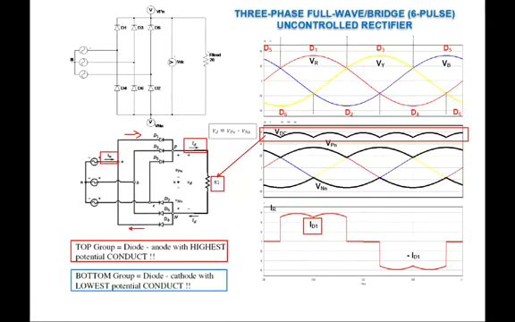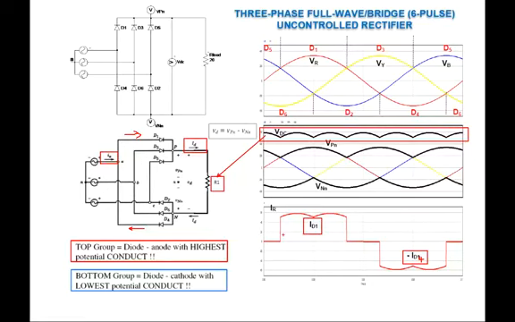Okay, so there's ID4 and also we have ID1. Sorry, this should be ID4. Okay, so this is minus ID4. So whenever D1 is on, then IR equals ID1, and whenever D4 is on, it will be equal to minus ID4. So that's why you have a negative current here.